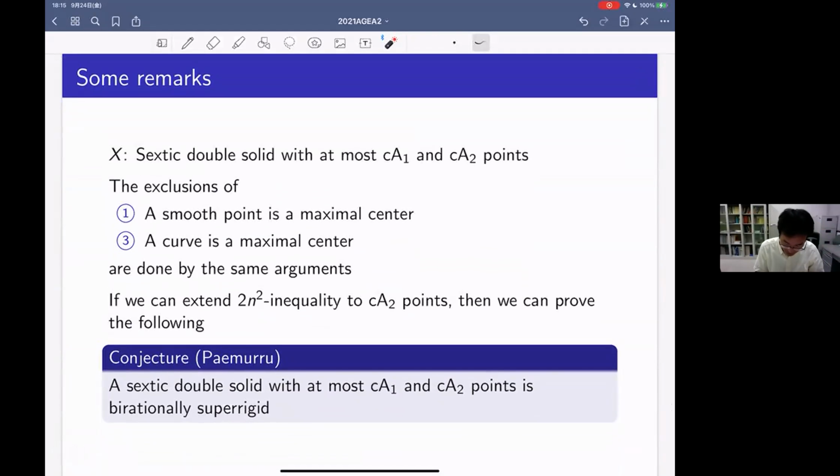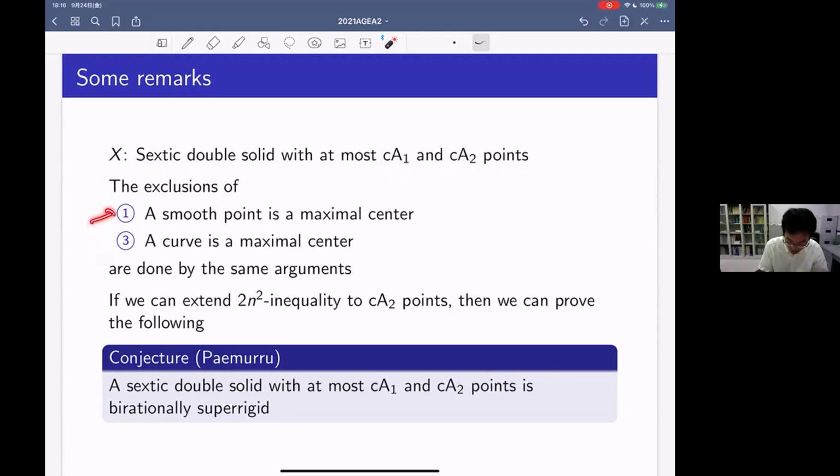So some remarks. For a sextic double solid with at most cA1 and cA2 points, by similar arguments, though not the same, we can exclude cases 1 and 3. So we can show that the smooth point is not a maximal center.